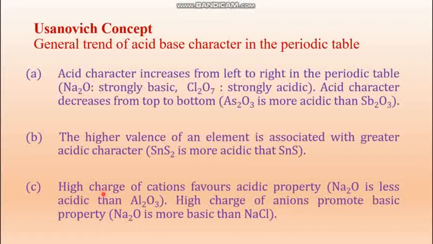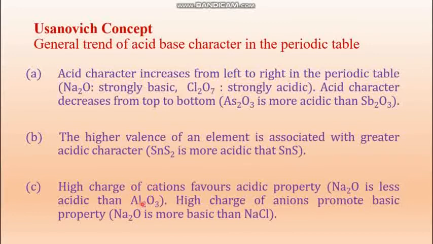Next, high charge of cations favors acidic property. Now look, sodium and aluminium. This is in the first group of the periodic table, and this is in the third group of the periodic table. Okay, and their corresponding oxides are sodium oxide and aluminium oxide.